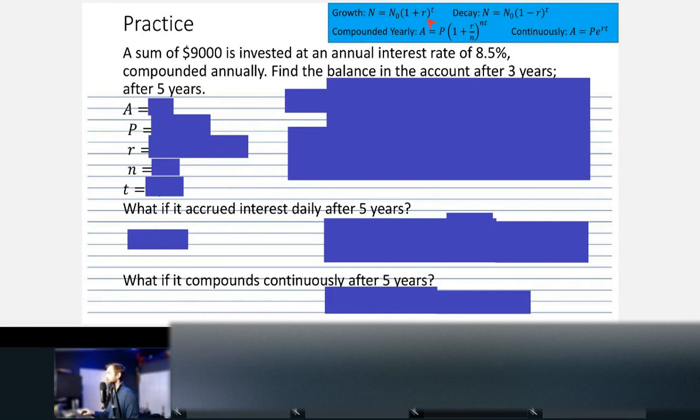Anybody? Out of these four formulas, which one are we going to use? Compounded yearly. There you go.